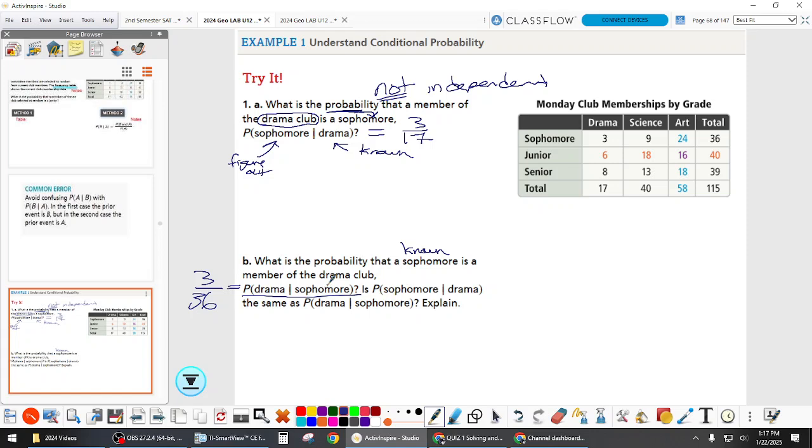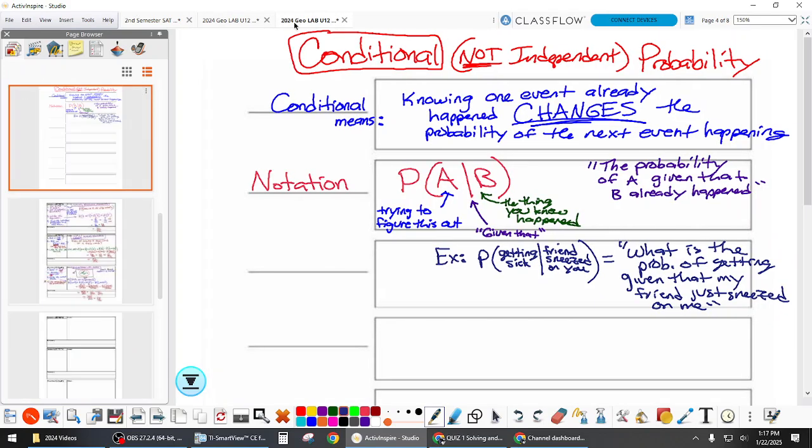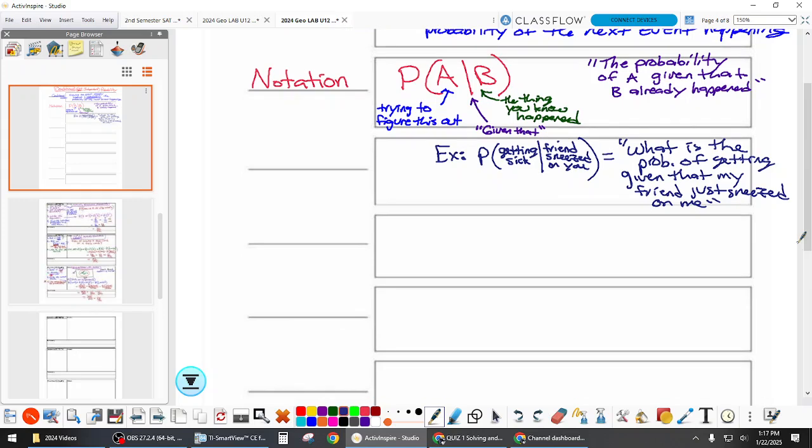Okay. Let's put that note on there. We're going to say it a little bit more functionally. So the event after the line, I don't want you to write B, because we just saw it switch.